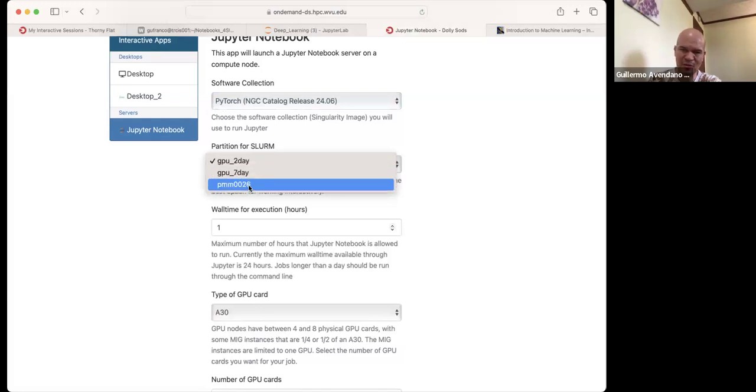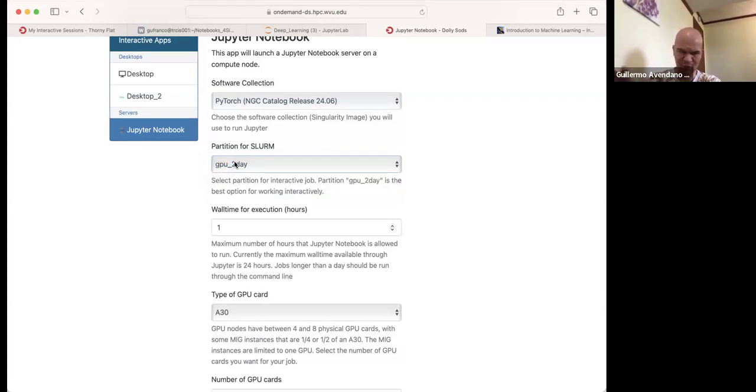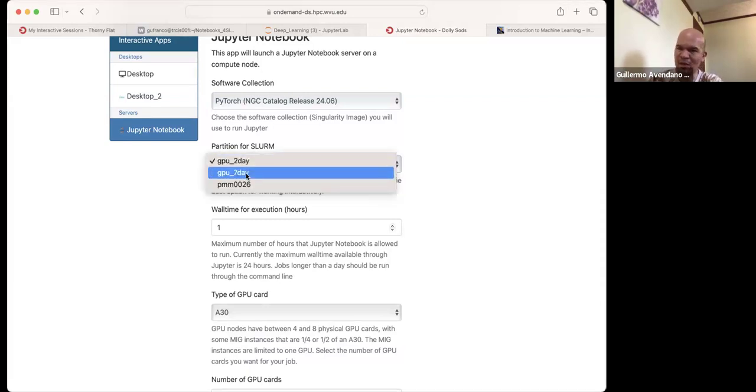This is another machine, and not everybody has access to it. This machine has an H100, but most people will prefer to use the 2-day for interactive processing, for testing the models on a smaller scale, and later train the big thing, the real deal, with the 7-day partition.